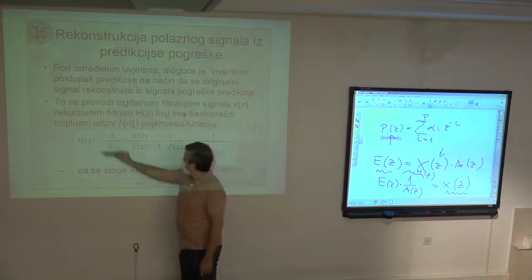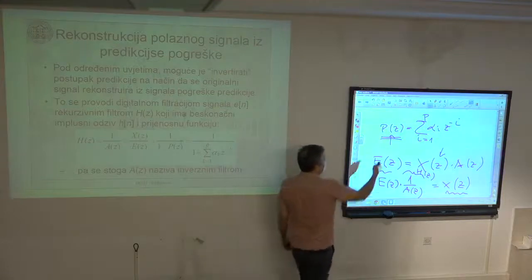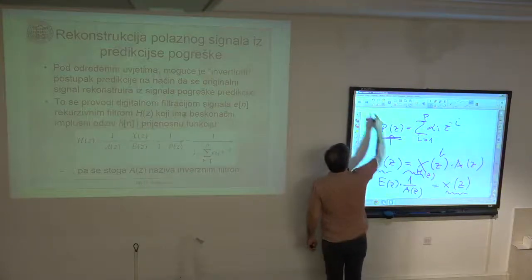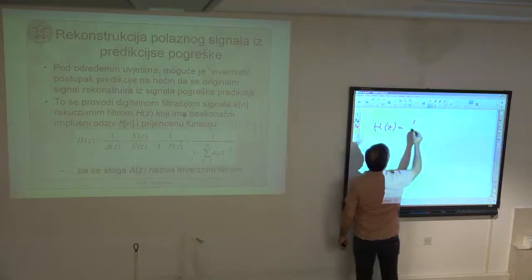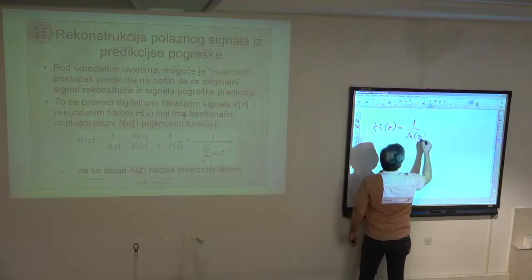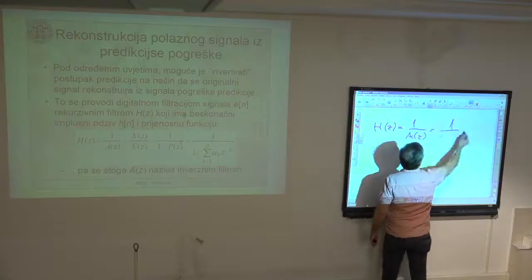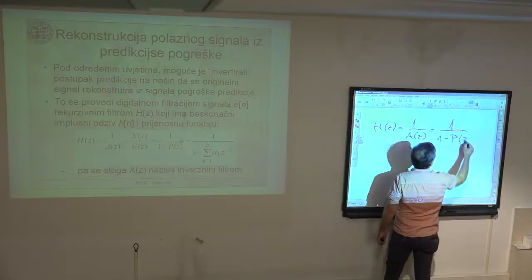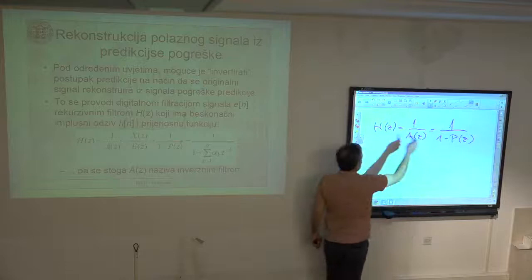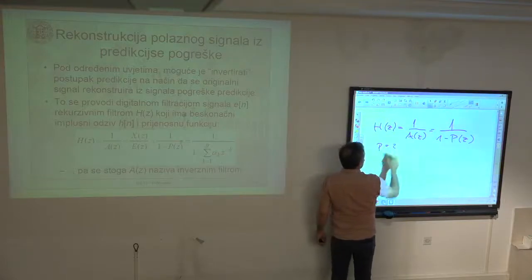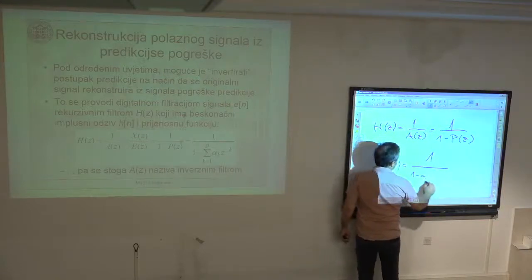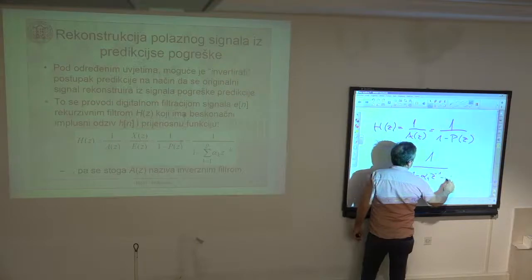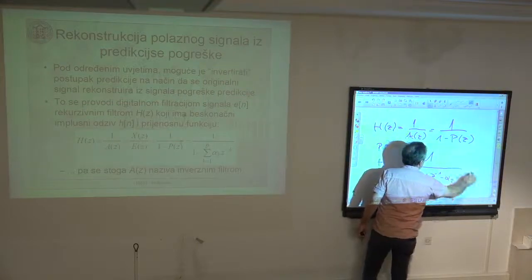So this inverse filter has transfer function H of z. H of z is nothing else but 1 over A of z, and this A of z was 1 minus P of z. Or written for the case P equal to 2, this H of z was 1 over 1 minus alpha 1 z to the minus 1 minus alpha 2 z to the minus 2.